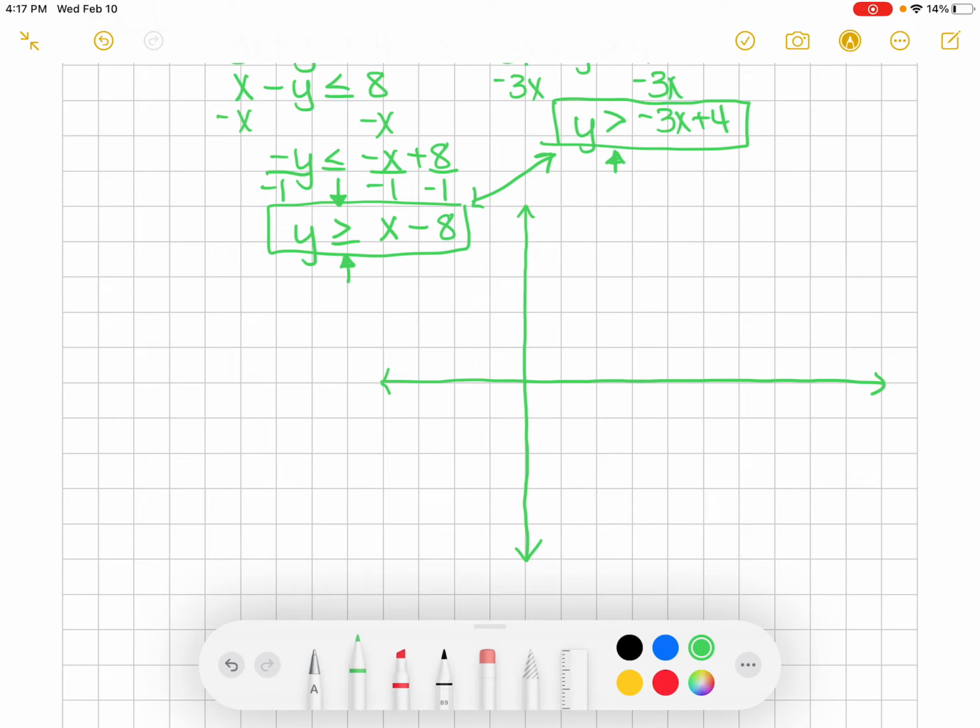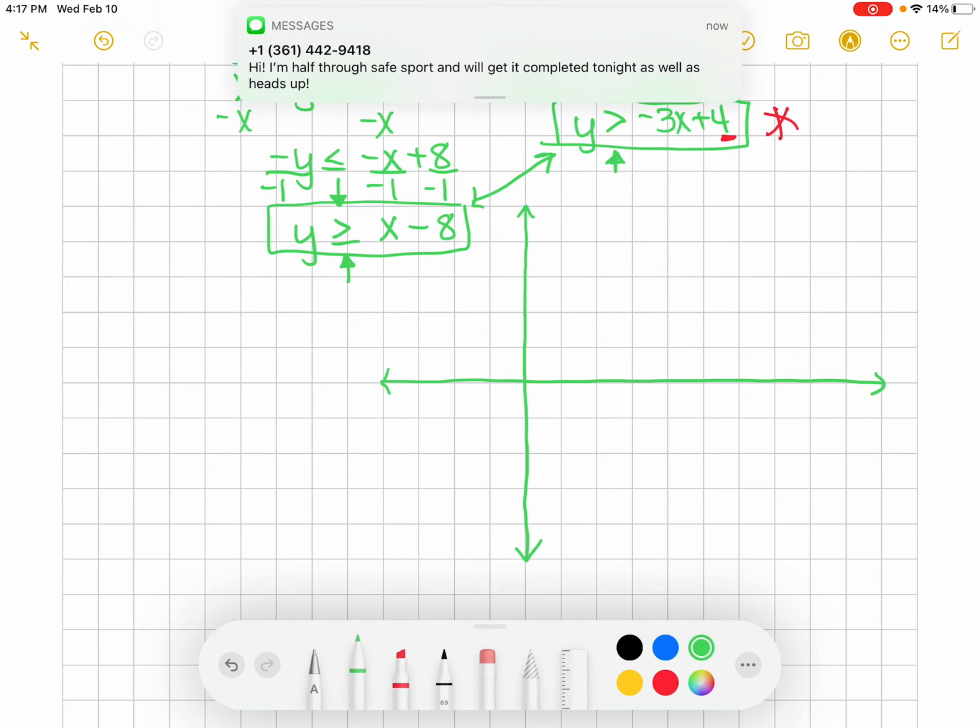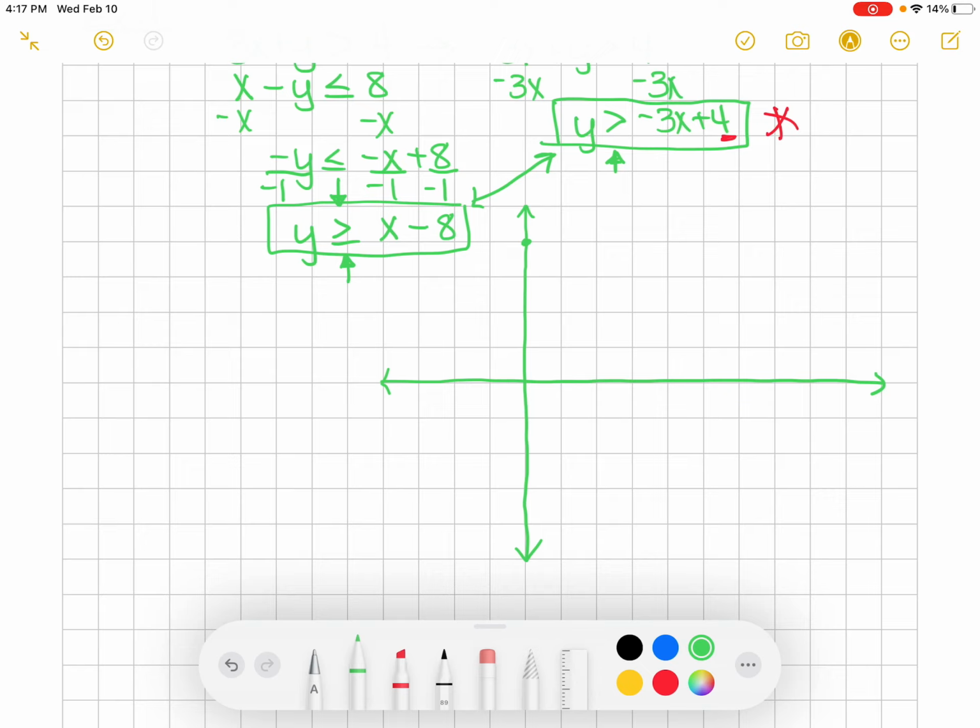Okay, so I'm graphing this one first. I have a y-intercept of 4, and then a slope of negative 3, so I'm going to go down 1, 2, 3, and across. I'm just going to do that again. Okay, so there's my first line.